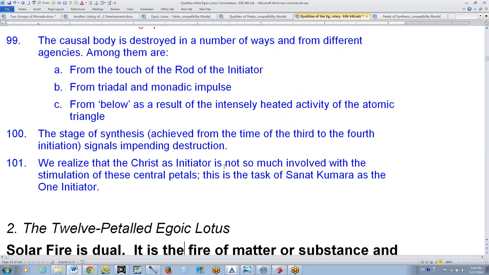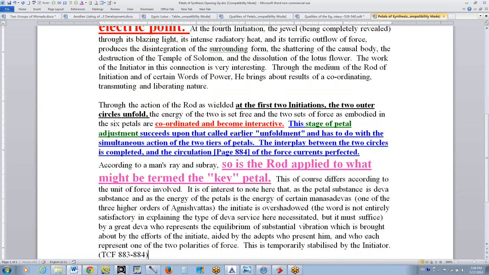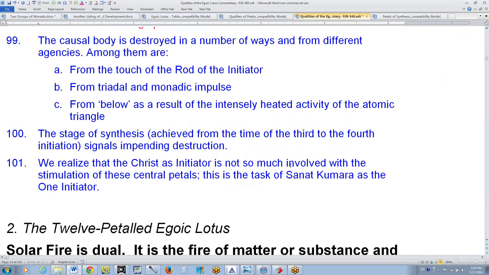So what the Christ does, and it does look like there's going to be a directing of force to the petal, there will be an ongoing gradual revelation of that which is contained within the hitherto hidden area of the Egoic Lotus.